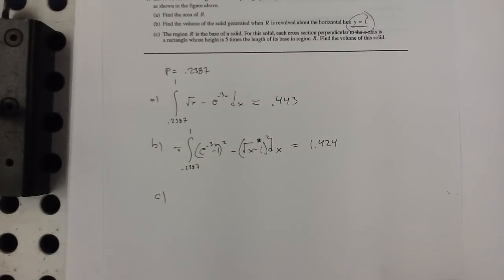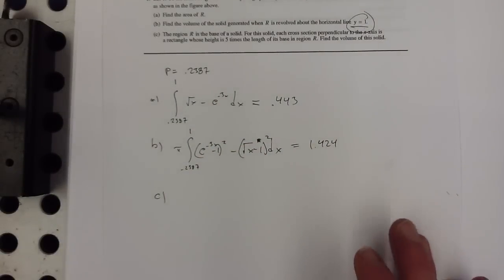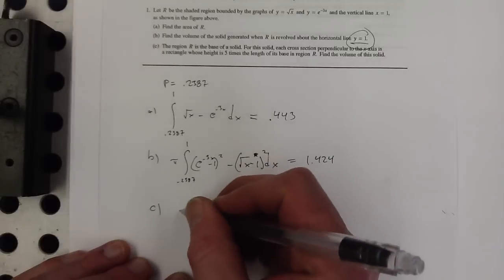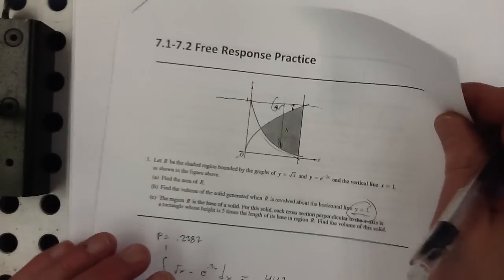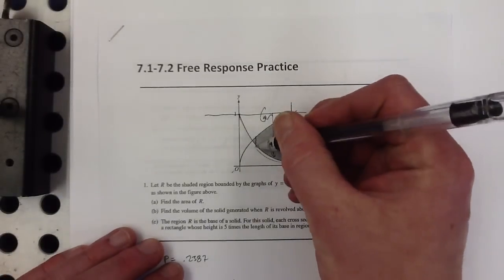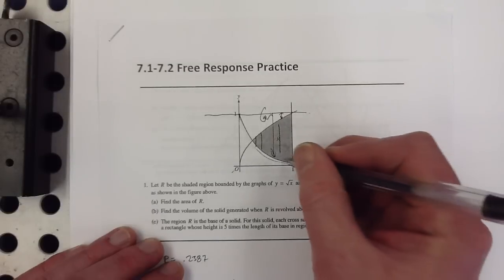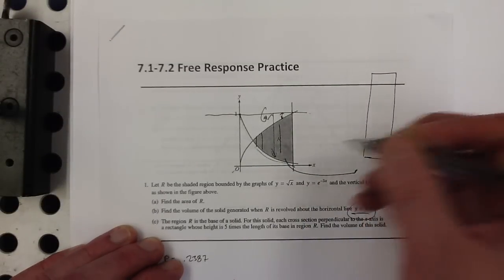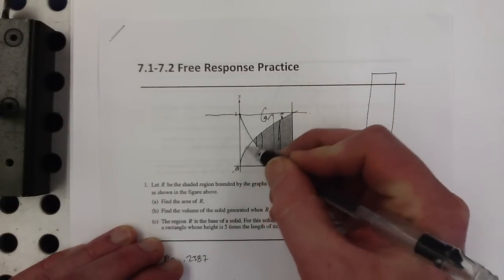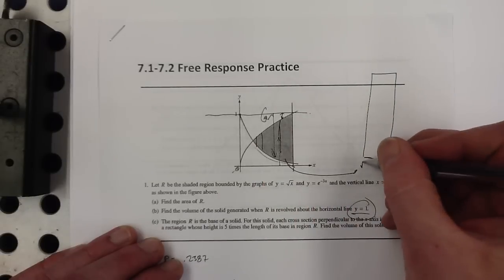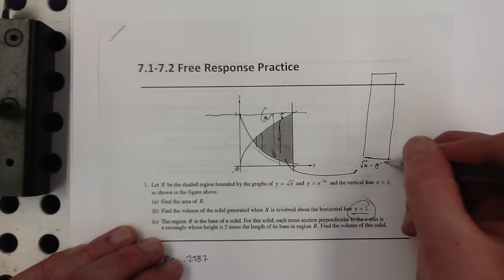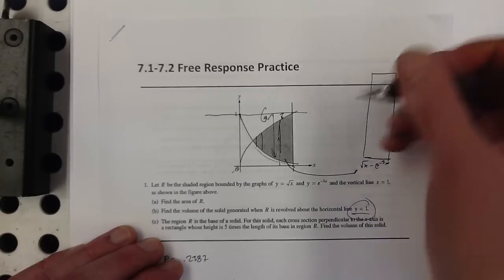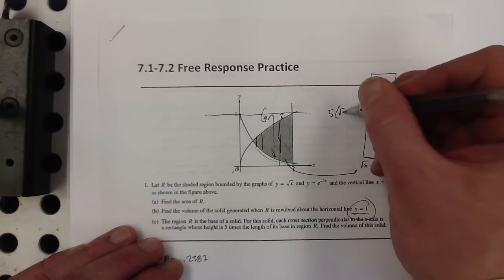All right, part C. The region is the base of a solid, so now all of my little cross sections here are the base of a rectangle. Now each one of those is just the square root of x minus e to the negative 3x, and then this is 5 times as tall.